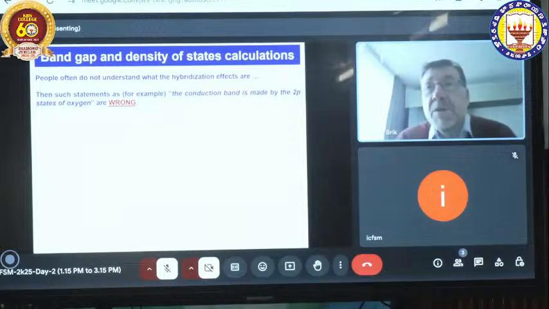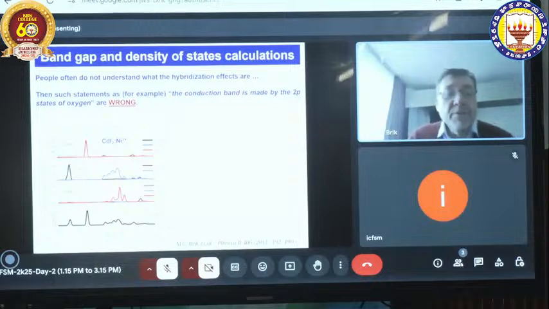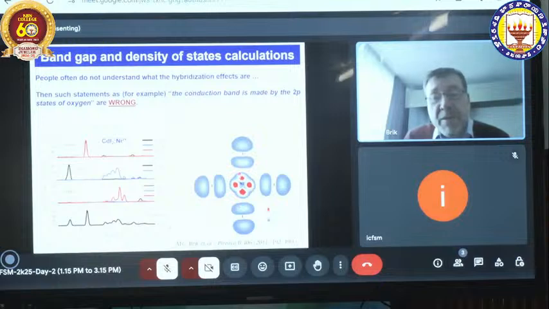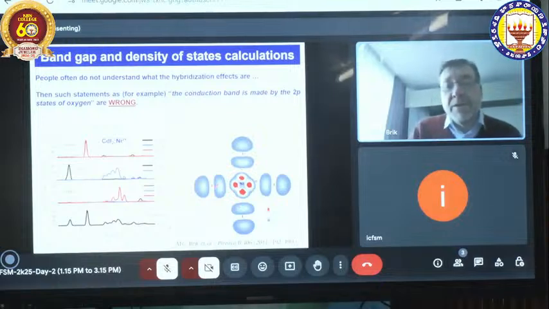Yet, some contribution of 2p to the conduction band can be seen. Here I show an example of cadmium iodide with nickel 2+, and nickel 2+ has, of course, effects in the valence band, but also something in the conduction band. How can it come? Because of hybridization, because of chemical bond formation between nickel and iodine.